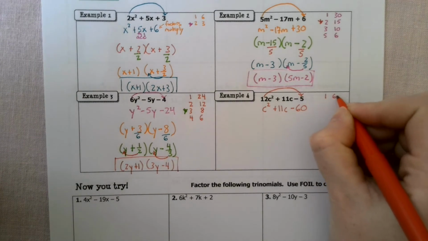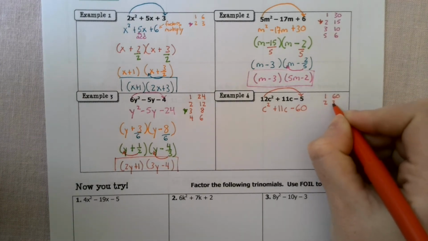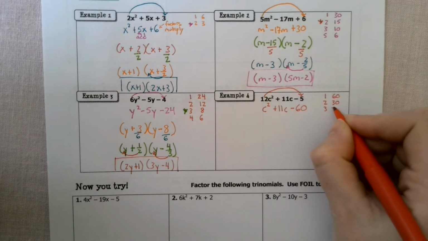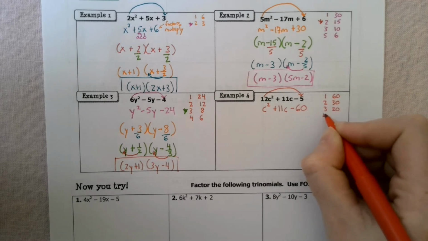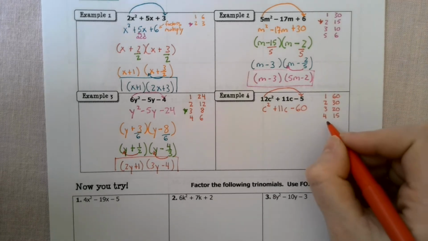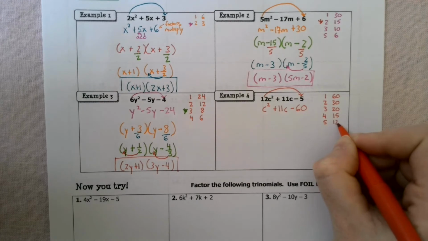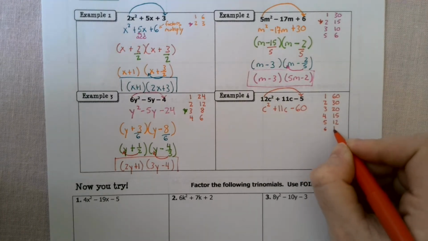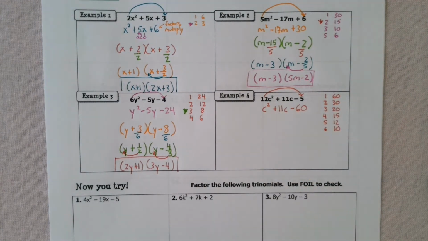It's going to be 1, 60, 2, 30, 3, 20, 4, 15, 5, 12, 6, and 10. Okay, that's kind of a lot of factors, but again, you guys will have a calculator for this, and hopefully you guys will get pretty good with recognizing which factors.